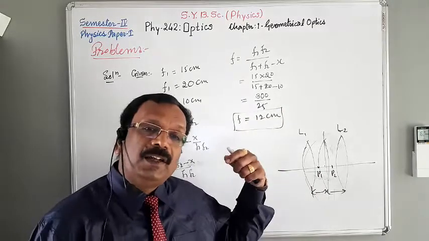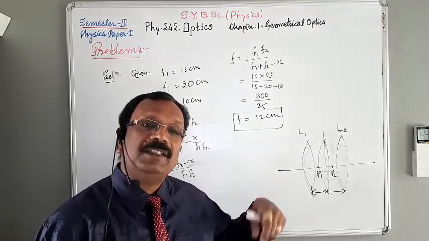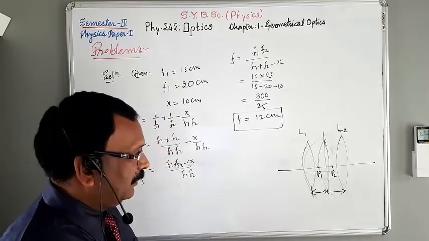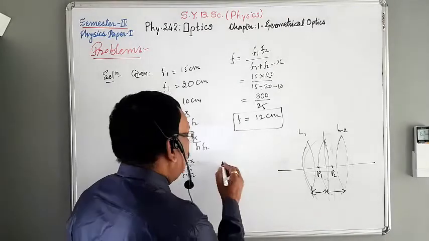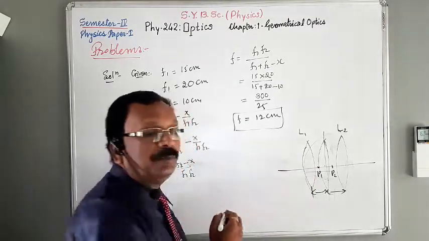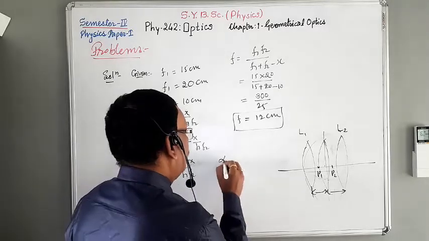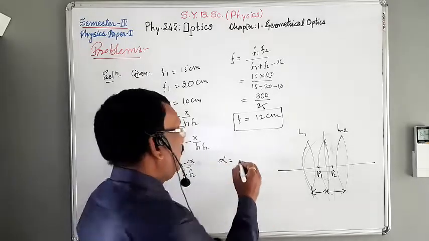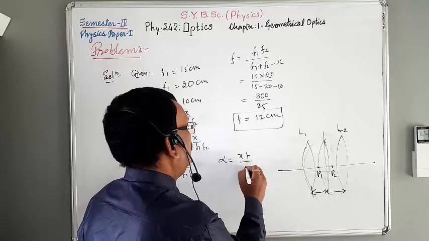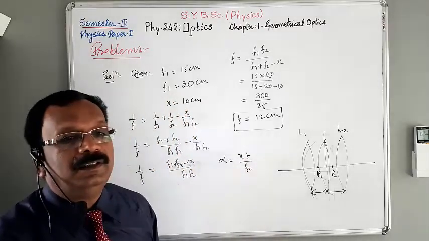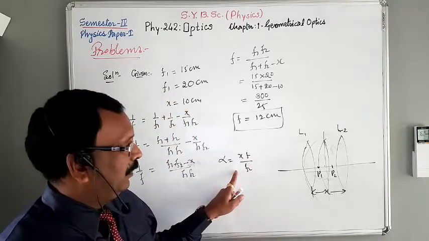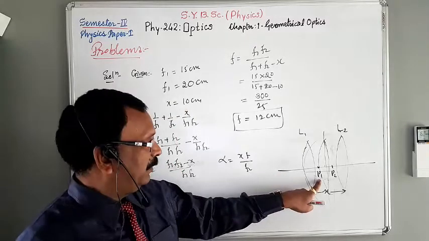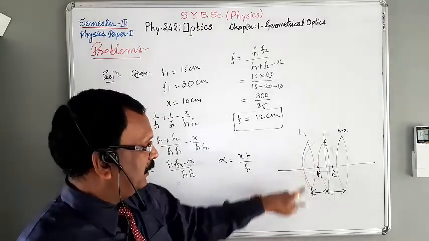We obtained the derivation in the previous lecture. So the position of P1, that is alpha, is equal to x f upon f2. This is the formula for the position of the principal point P1 with respect to this lens.